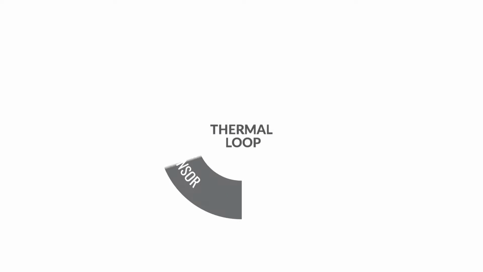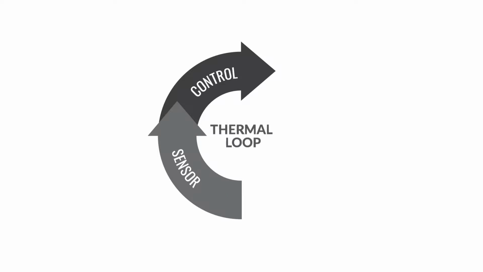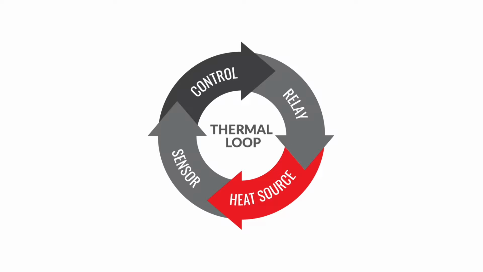Electric heaters have a resistor inside of them that when voltage is applied, resistance is created. It's that resistance that creates the heat. And it's that heat that needs to be monitored by the temperature sensor and the input to the temperature controller, which controls the output to the relay and modulates the heater to keep your process at the correct temperature.